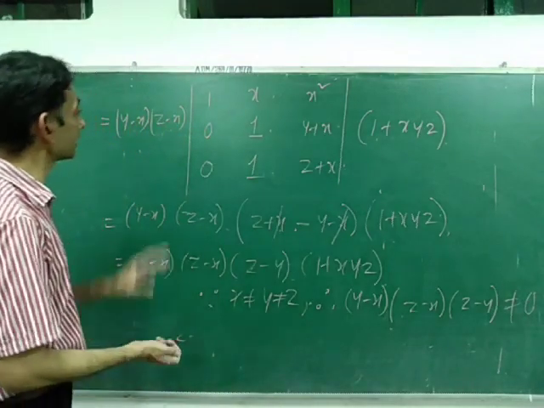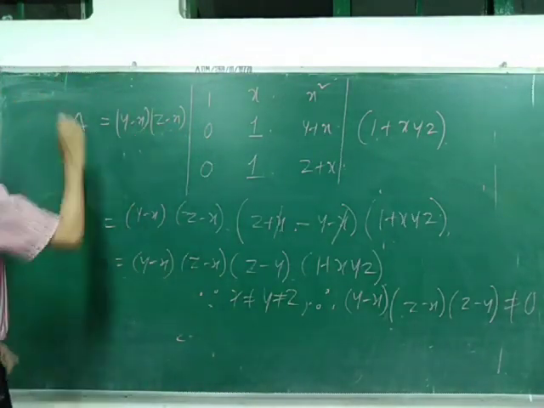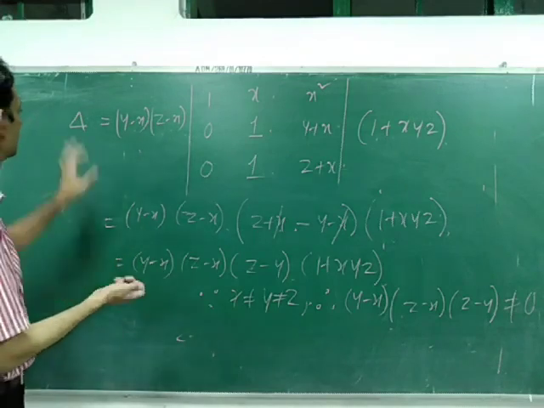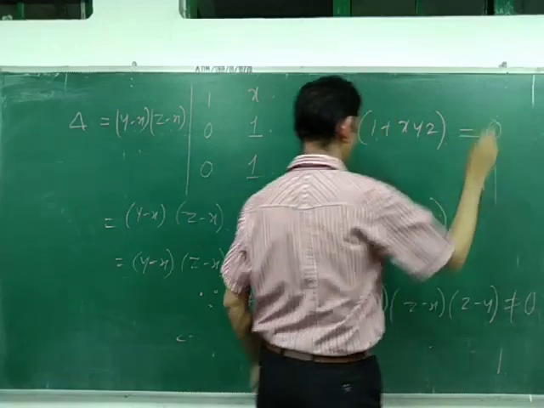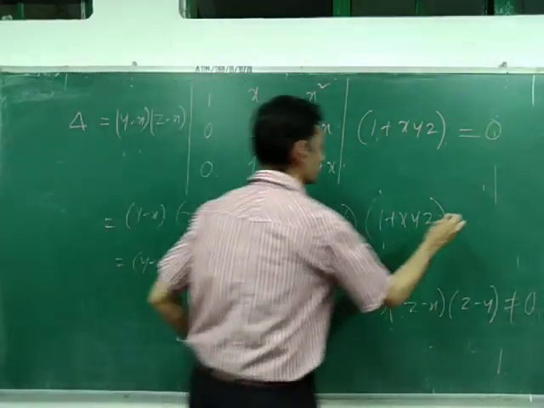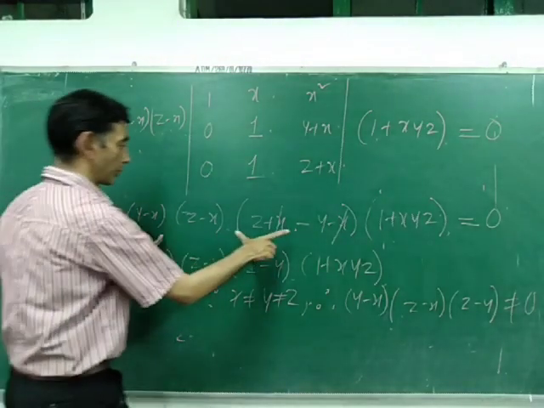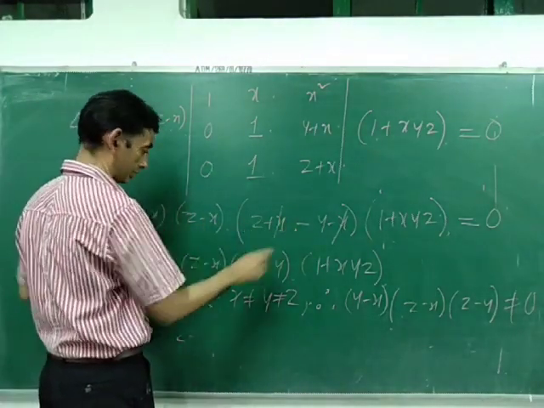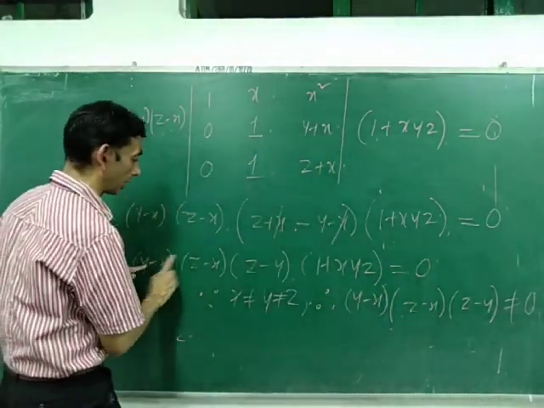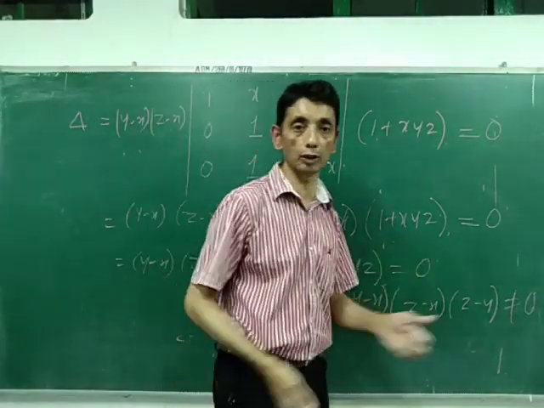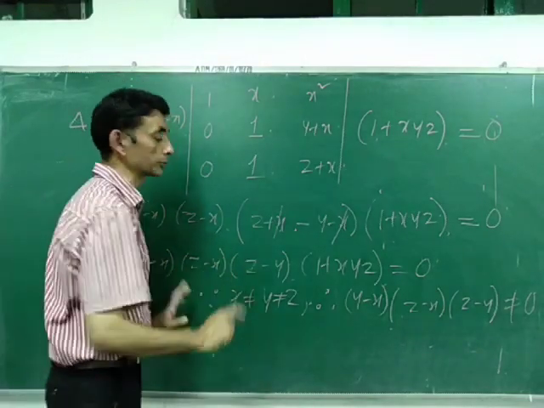But in the question, what was given? This expression is delta, and it is given that this delta is equal to 0. So obviously this will also be equal to 0. Now, this expression is a product of these terms, and it is equal to 0. According to the question, the first three terms cannot be equal to 0.